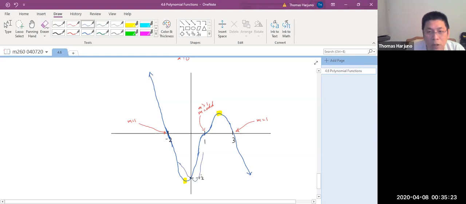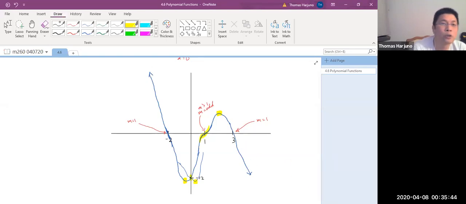We don't know that at all. But all I know is eventually it will have a y-intercept somewhere in between, at 0, -2, and then goes up to 1, where it will cross like an x cubed, and so on and so forth.